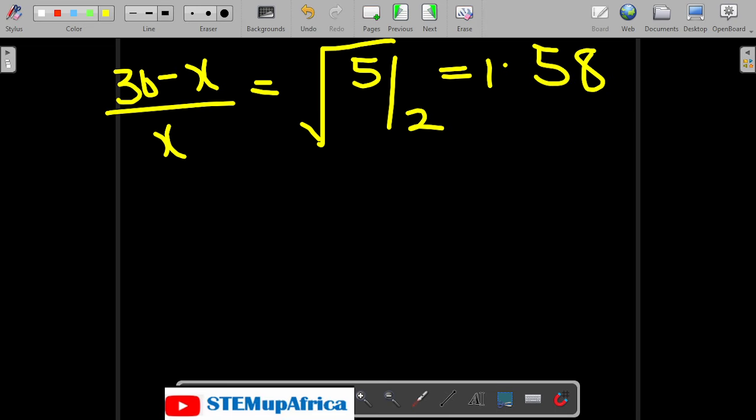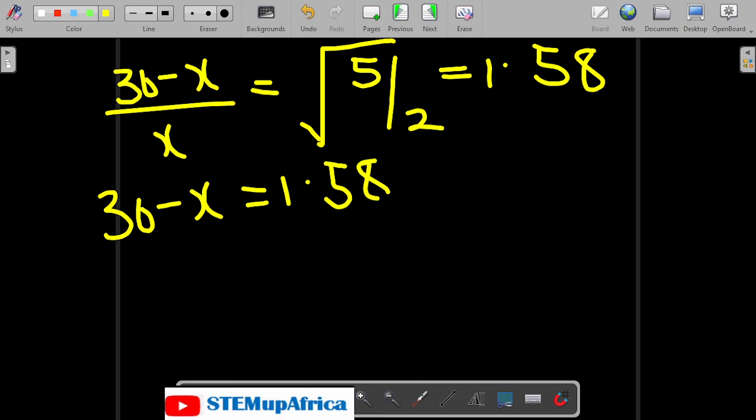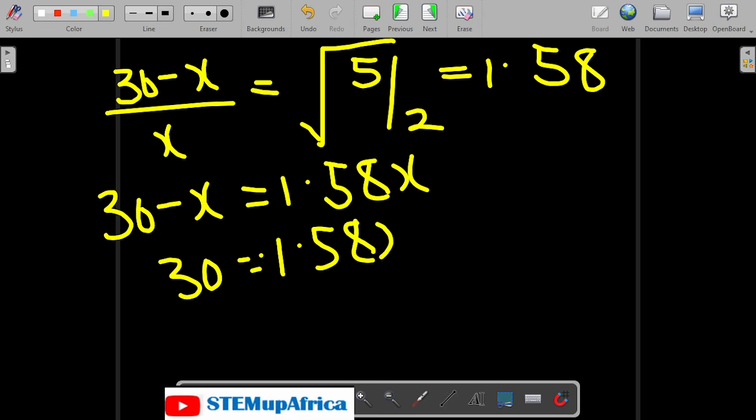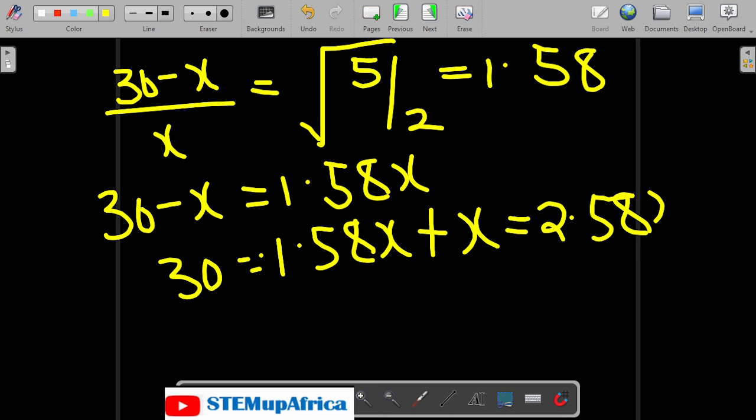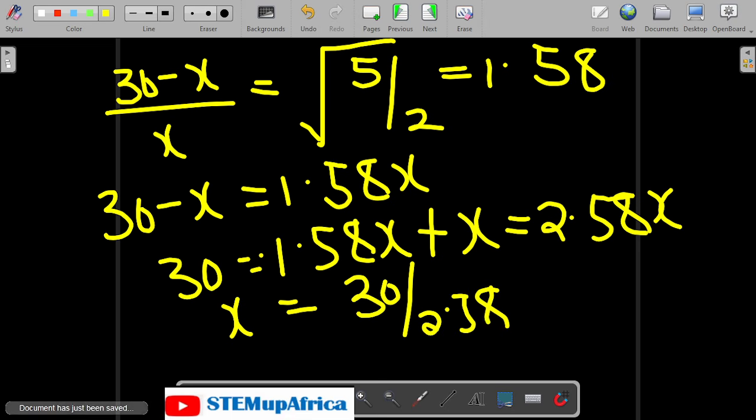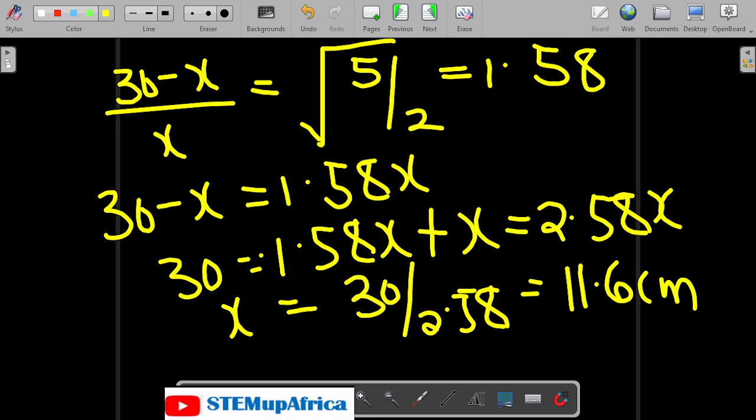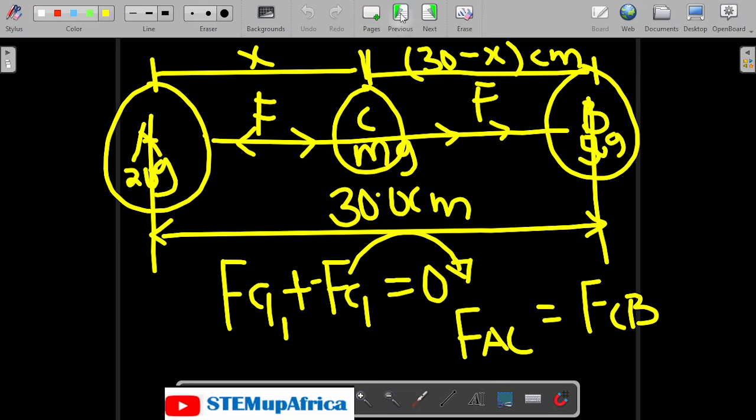So from here I can cross multiply: 30 minus x equals 1.58x. So 30 equals 1.58x plus x, which gives us 2.58x. So my x is 30 divided by 2.58, which gives us 11.6 centimeters. That is the distance between A and C.